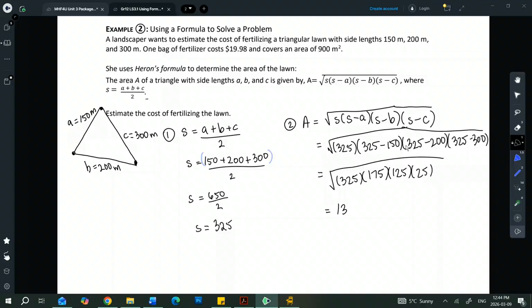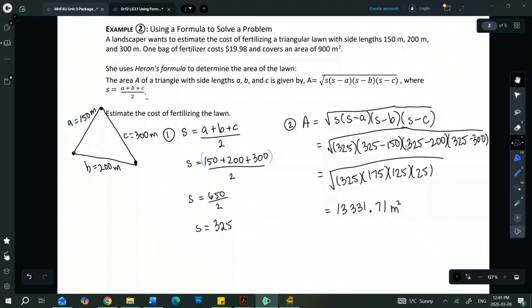Okay, so we should get 13,331.71. See if that fixes it. Good? Okay, perfect. And what unit of measurement is that going to give us out? Close. What is area? Meters squared. Yeah, perfect.